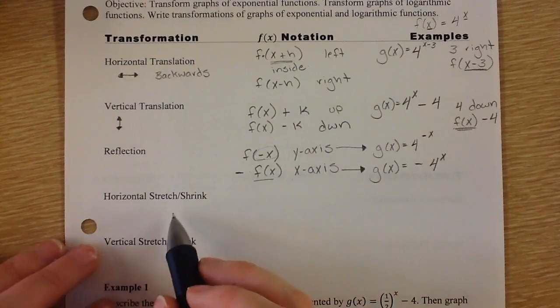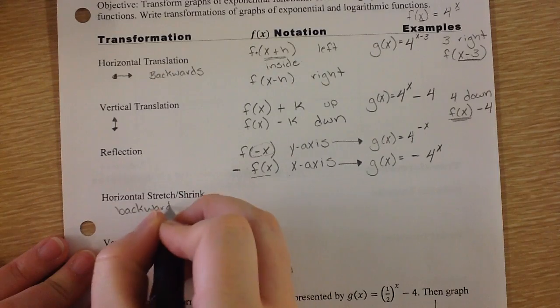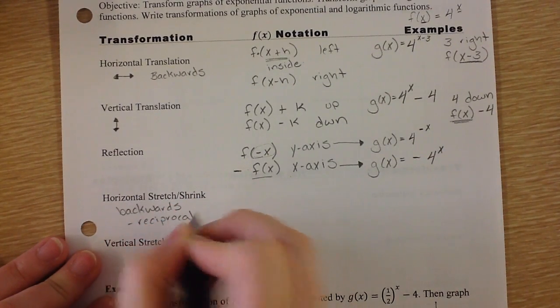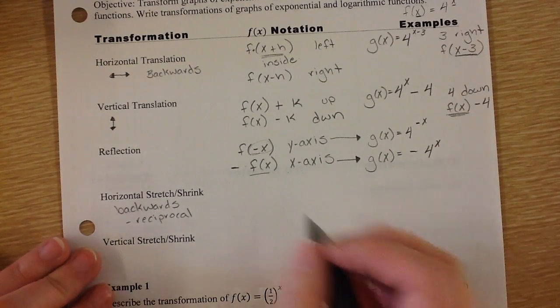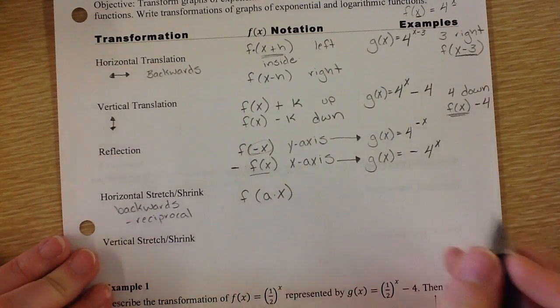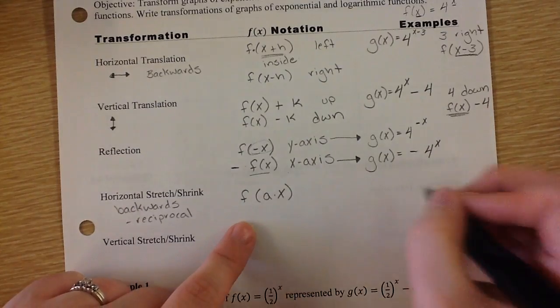Okay, horizontal stretch and shrink. Again, this works backwards, where we have to use the reciprocal idea. Horizontal happens inside, so a times x.